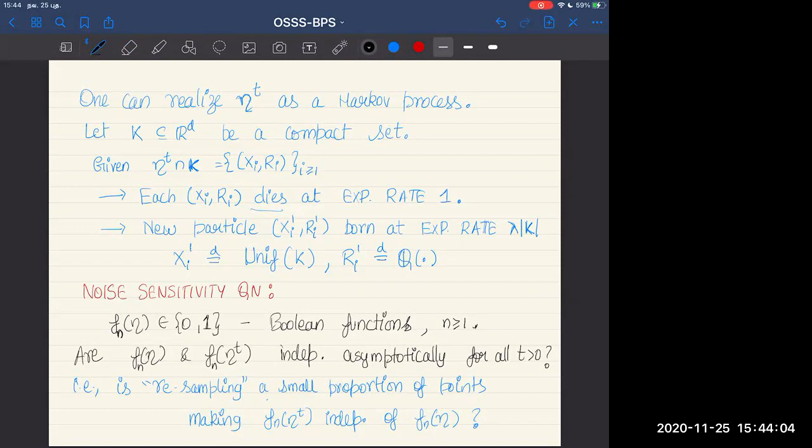Remember, eta t means we have preserved just e to the minus t fraction of the points. So a small fraction of points, 1 minus e to the minus t, which when t is small is roughly t, have been resampled. But does this make the two functions independent asymptotically? This is what is noise sensitivity.